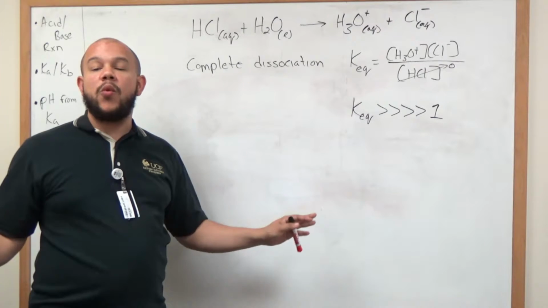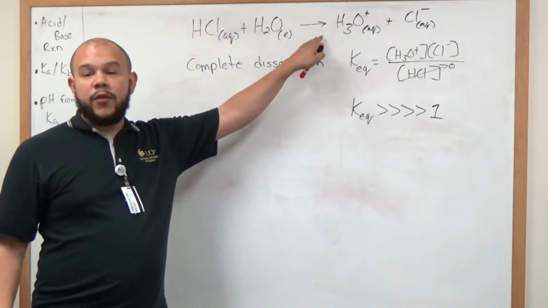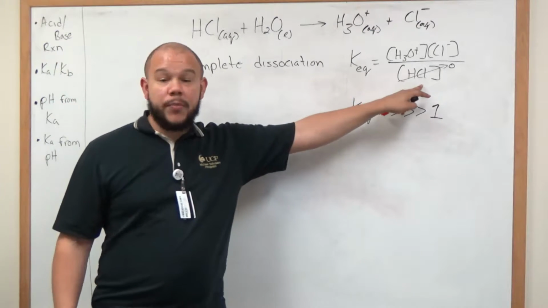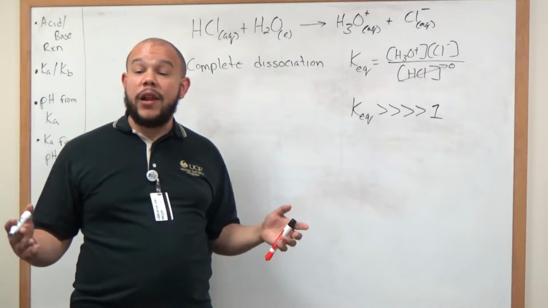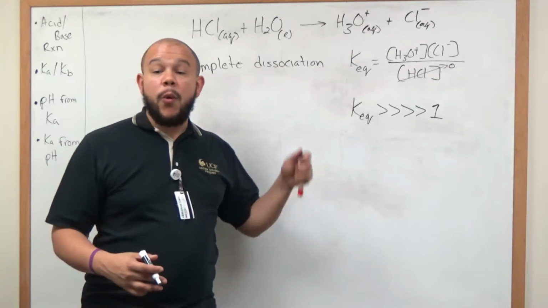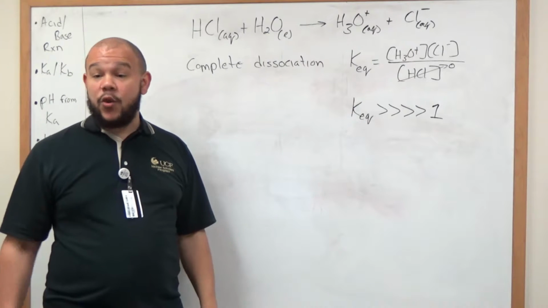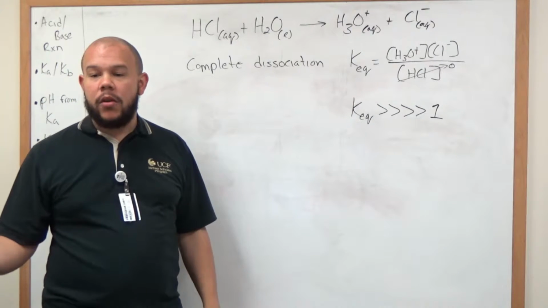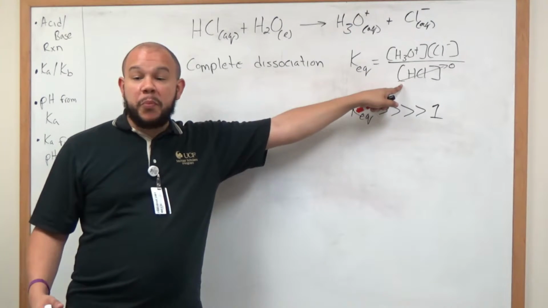If we assume complete dissociation, which is what we assume in this case, then KEQ is greater than 1. We actually don't ever worry about or study the equilibrium constant for strong acids, because as this approaches 0, we start to deal in non-real numbers. Remember, we can't really divide by 0. But when we're dealing with strong acids or strong bases, the reactant term in the equilibrium expression pretty much goes to 0.